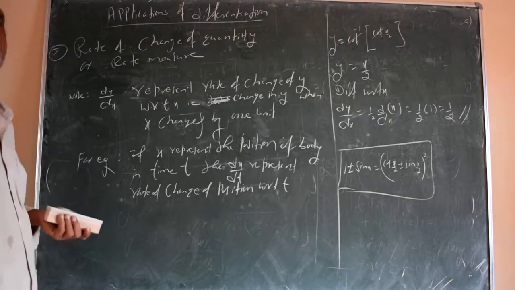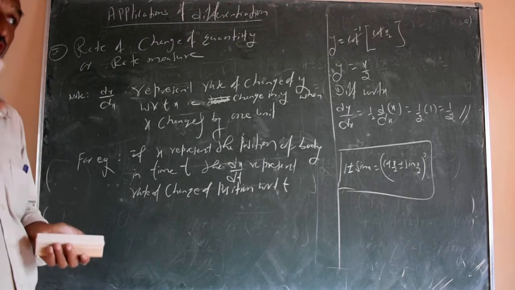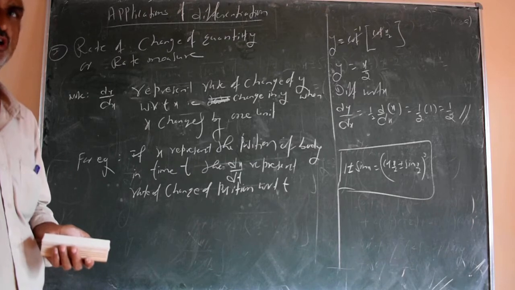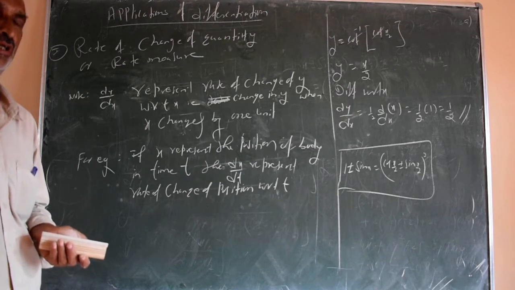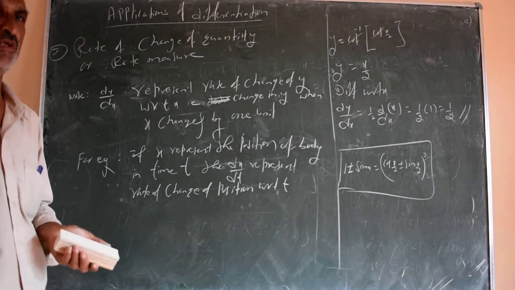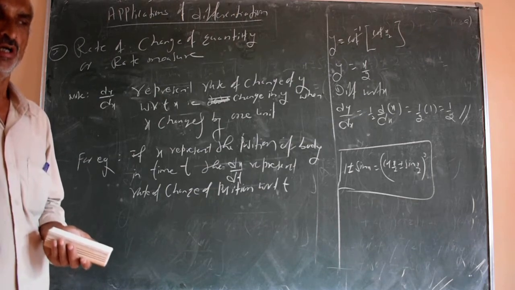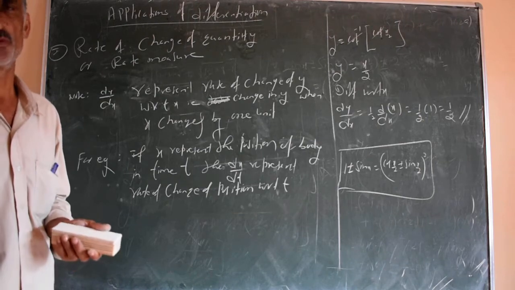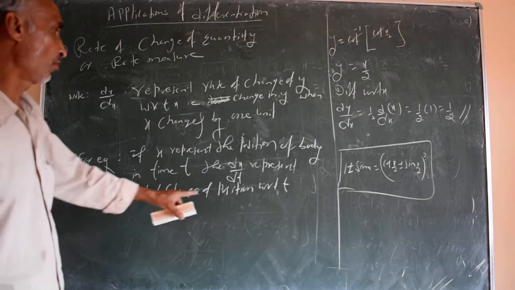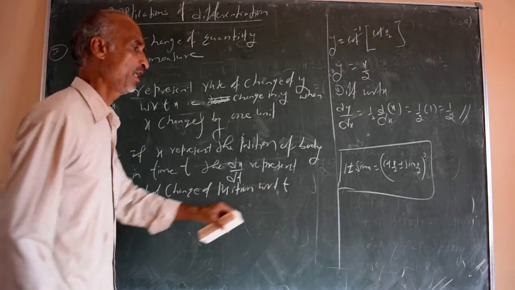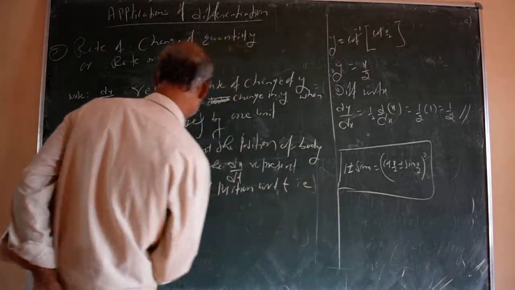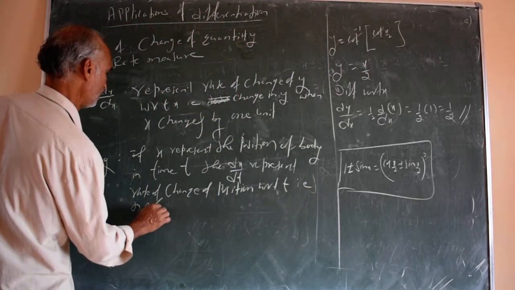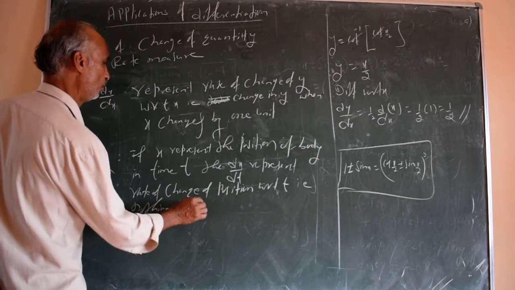Change of position is called displacement. Rate of displacement means displacement per unit time. Rate is per unit time. The rate of a notebook is 50 rupees, means for one notebook the cost is 50 rupees. Therefore, rate of change of position with respect to time is nothing but velocity.